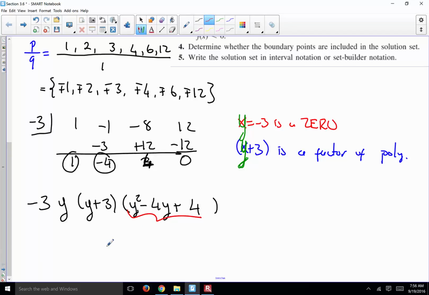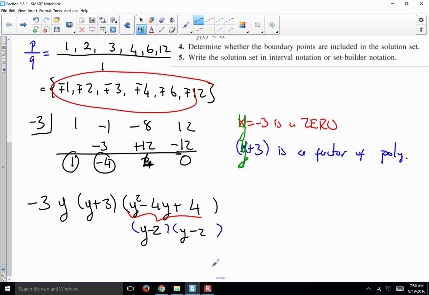Next, can you break this? Come on, it's a quadratic now, a second degree polynomial. You can do this by hand. You don't need to fish in this tank. It's a waste of time to do that. Does anyone know how to break this? Chris? y minus 2, y minus 2. Perfect.